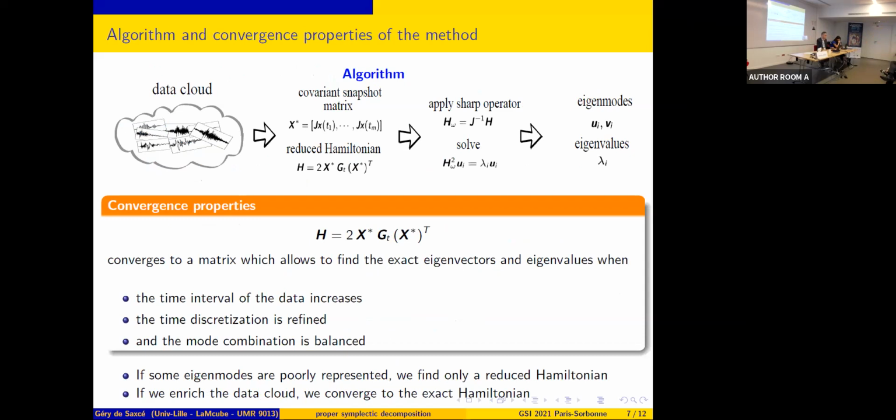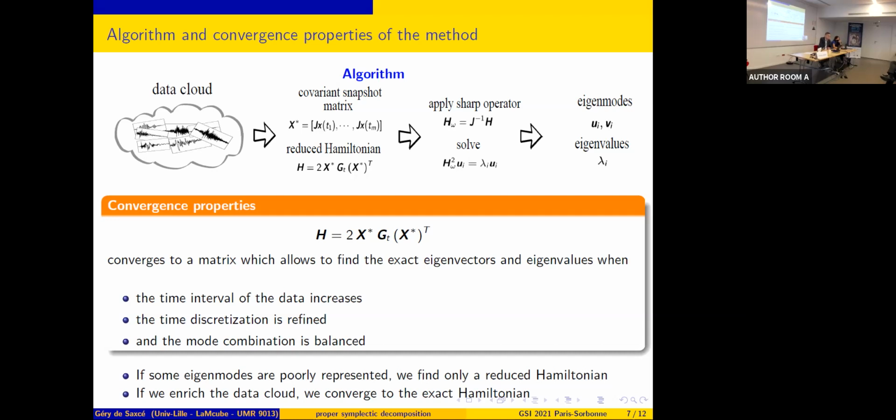In our algorithm, we start with a data cloud containing in a jumble all the possible evolutions of the structures. Next, we construct by the previous formulas the approximated, reduced Hamiltonian.